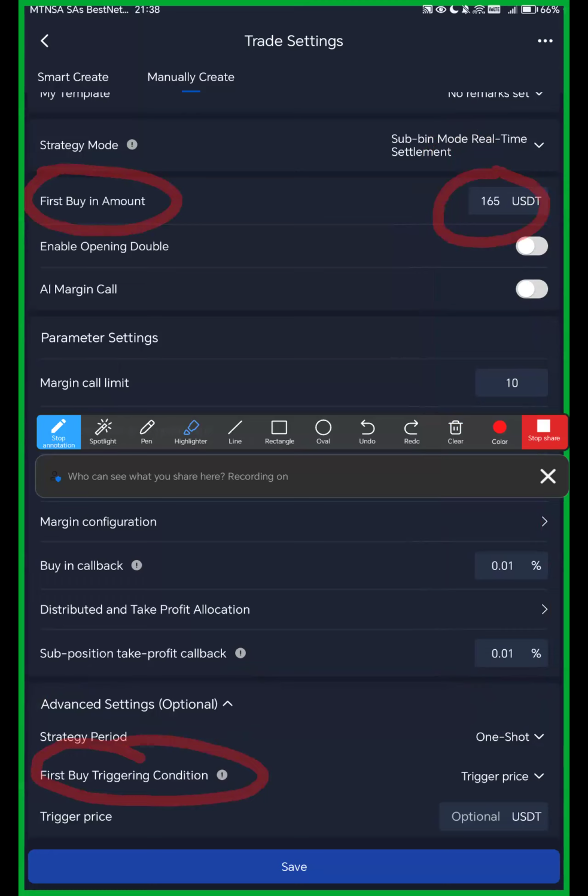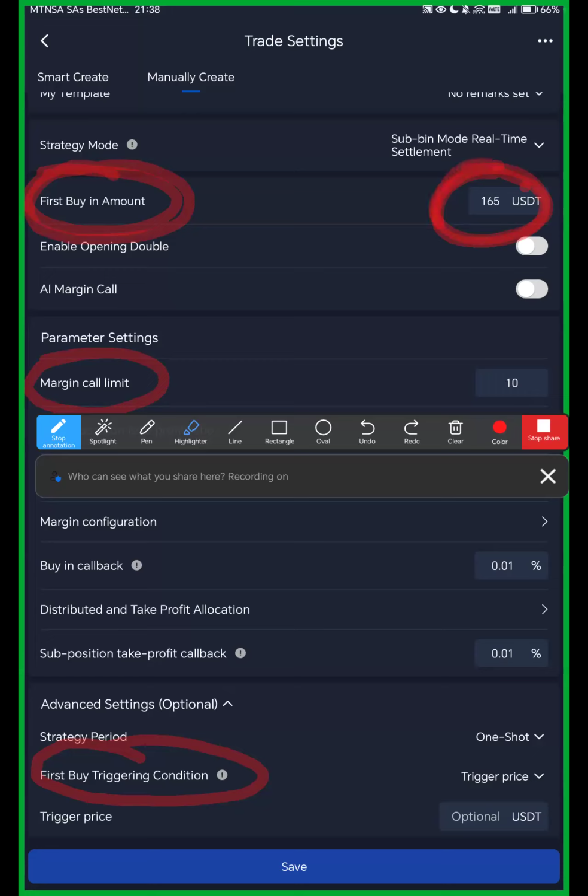It should be alerted by a MACD indicator. The MACD indicator does not help you to buy margin calls. It helps you with the first entry in the market using your first buy-in amount.